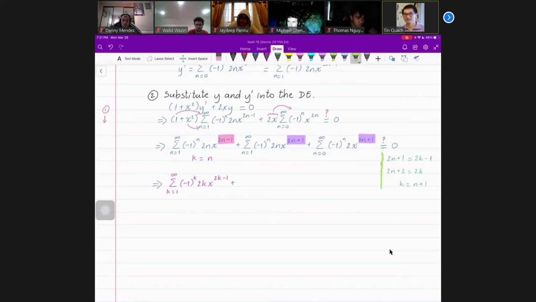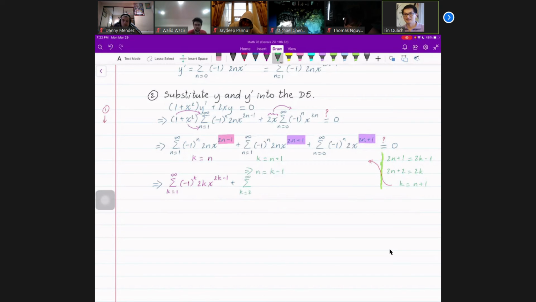So you go over here. You want k to be n plus 1. That means n is equal to k minus 1. So let's plug into the series. Now when n is equal to 1, k is 2, and you still have infinity here.